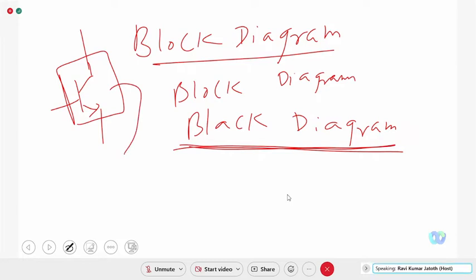So this you represent using H parameters, right? This is the transistor, but the transistor we represent using black diagram, two-port network. We don't know what is there inside. That is called magic. So it is called black diagram.